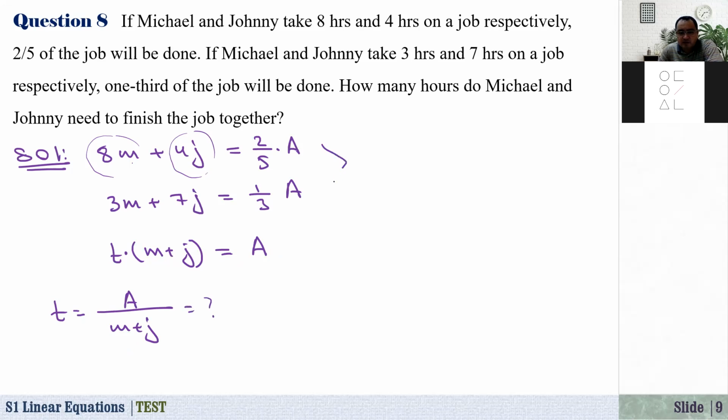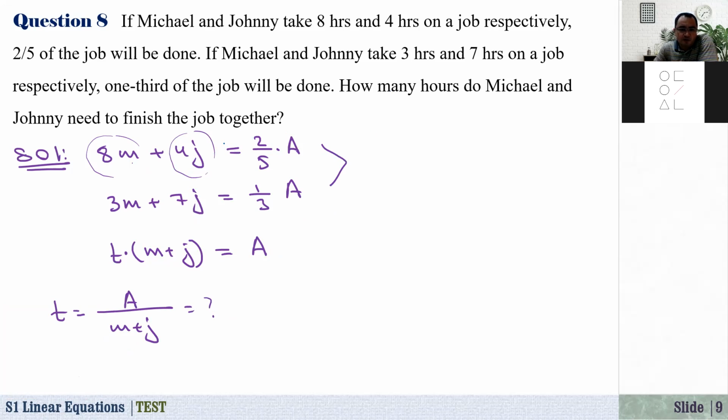So now, by solving these two equations, let me multiply the first equation by 7 and the second equation by 4, and I can eliminate J and find M in terms of A. After that, J in terms of A, we can substitute and get the answer.